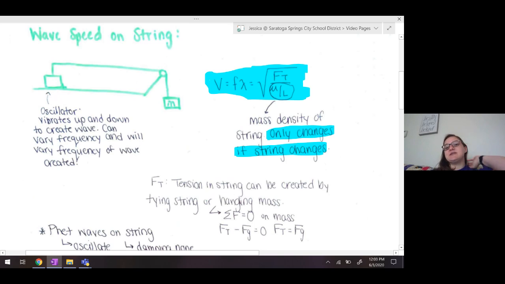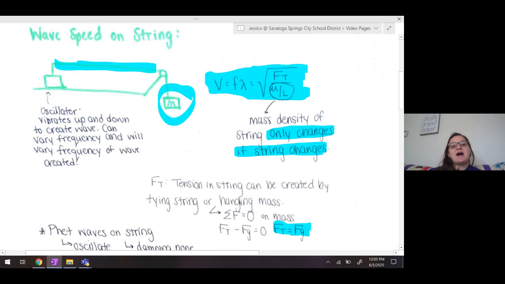So the net force acting on that box is 0, which means the upward tension force in the string has to equal the downward force of gravity. That tells us the tension in this horizontal section is equal to the force of gravity on the mass. So if we change the hanging mass, we're going to change that tension, and they have a square root relationship with the velocity.